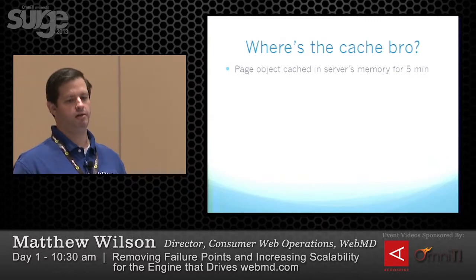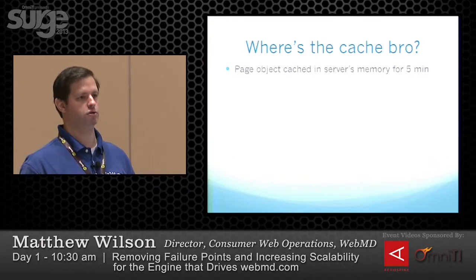If there aren't any subsequent requests for that page, then it leaves memory. If that page is then requested again, then it goes through the previous process. The WebMD Runtime server goes through the previous process of asking the database, give me the assets, goes to the NAS, and then recompiles it.